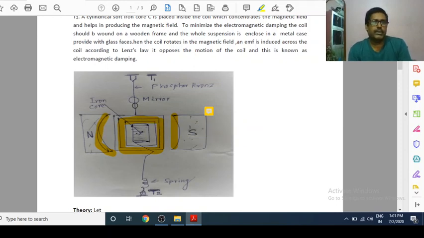It is suspended through a phosphor bronze wire, and the upper end of the phosphor bronze suspension wire is connected with terminal T1.